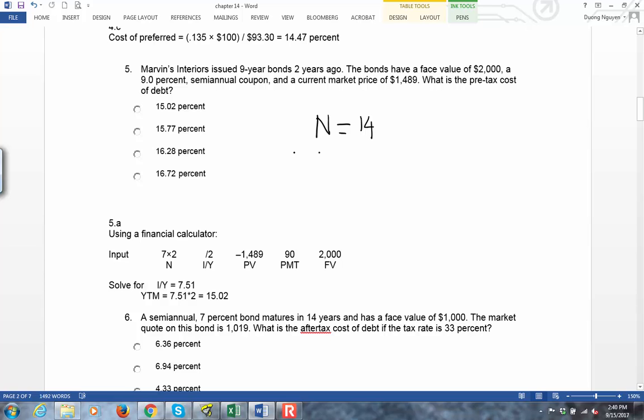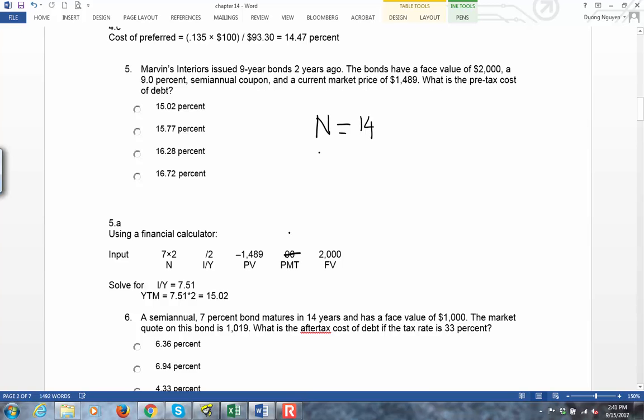And the present value, which is the price of the bond now, is 14.89, but when you put it in the calculator you should have a negative sign. Payment is 9%, but for semi-annual payment, the payment is not, I think this is a mistake, let me correct it.